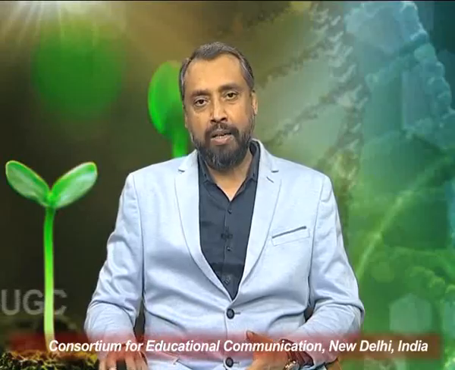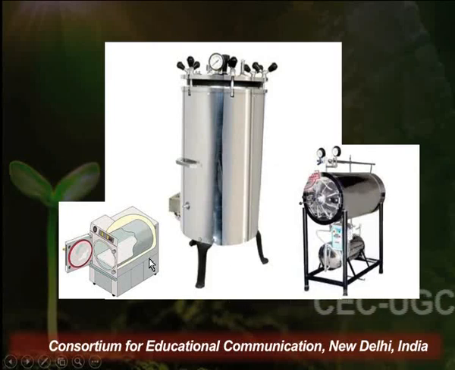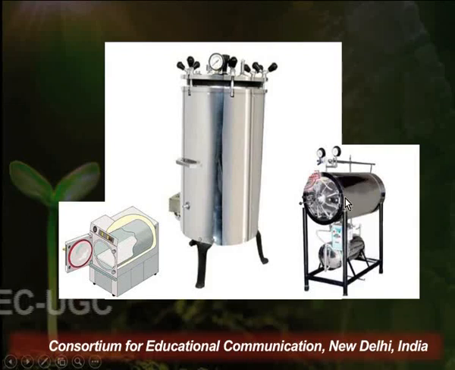So how does an autoclave look? An autoclave can come in various shapes and sizes. These are some of the examples of autoclaves. This is a vertical autoclave, this is a horizontal autoclave. The size varies from a small chamber to as large as a mini room.